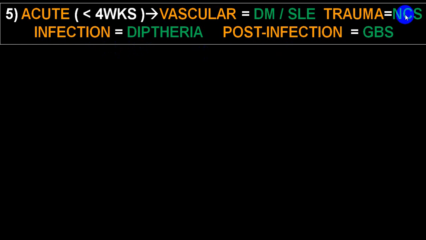Traumatic, very common. Nerve compression syndrome, very common. Infections, particularly diphtheria, quite common. And post-infection, which is autoimmune variety, we call GBS.